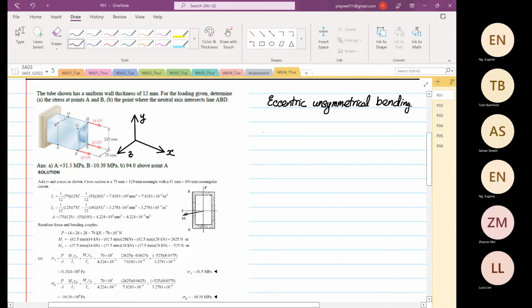So the eccentric part comes where you have Px over A, and then you have plus My over Iyy multiplied by z, minus Mz over Izz multiplied by y. So the eccentric is caused by the Px over A.